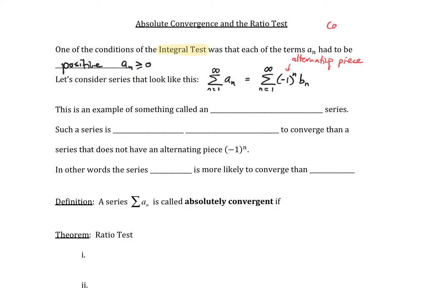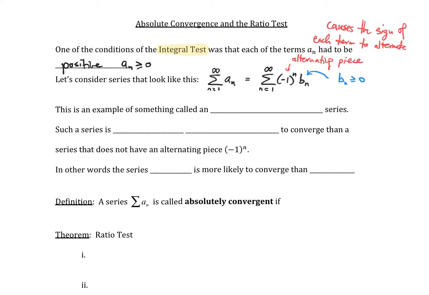So this causes the sign of each term to alternate. So it goes from plus to minus to plus to minus and so on. And if we look at this second term here, this b_n piece, we're saying we want our b_n to always be greater than or equal to 0. So instead of every single term being positive, it actually alternates in sign from positive to negative to positive to negative.